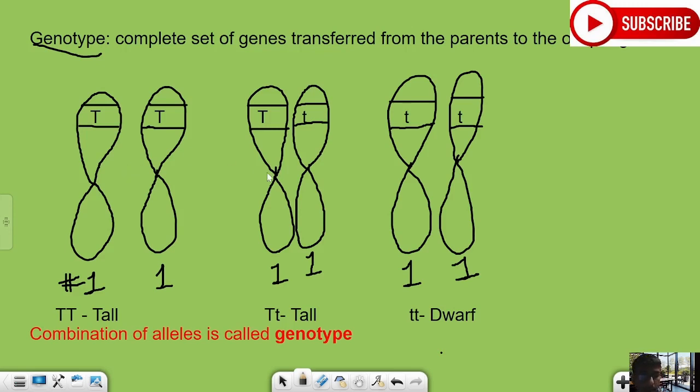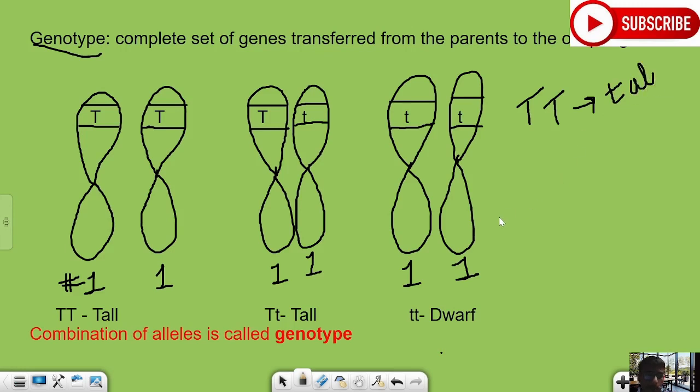There is a chance that both chromosomes will have the capital T. So this codes for tall height. The organism will be tall.